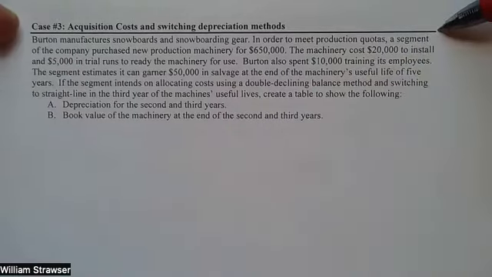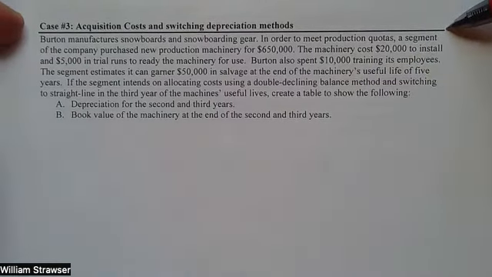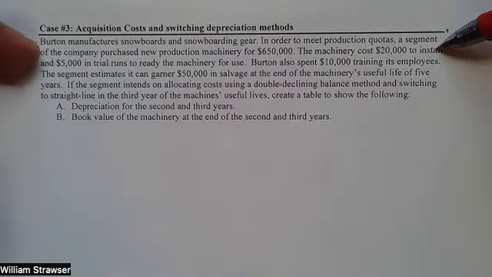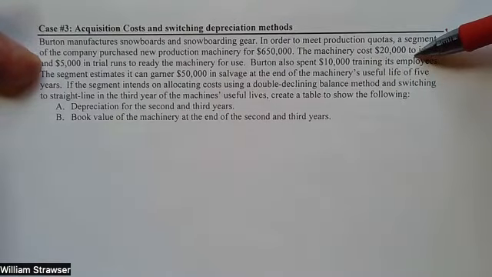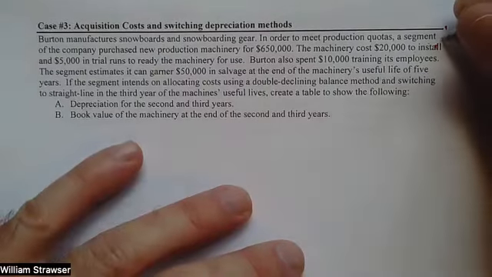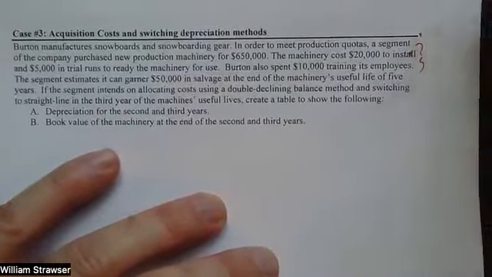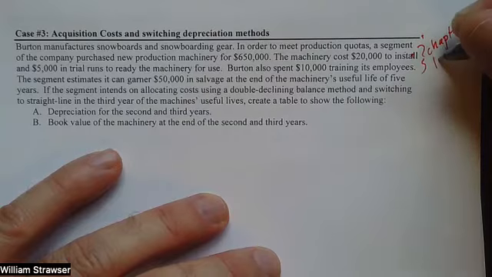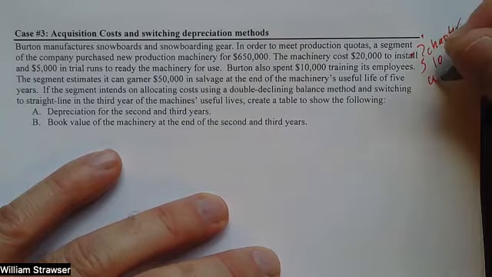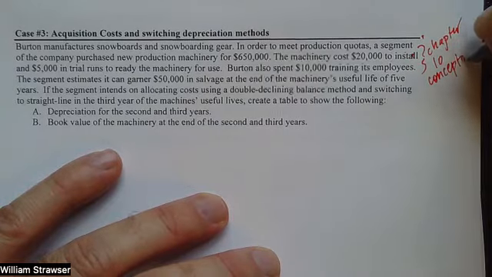We have a manufacturer of snowboarding gear. They are purchasing new production machinery for $650. It says the machinery costs $20,000 to install, $5,000 for trial runs, $10,000 to train employees. So these are sort of chapter 10 facts. Do I capitalize it?